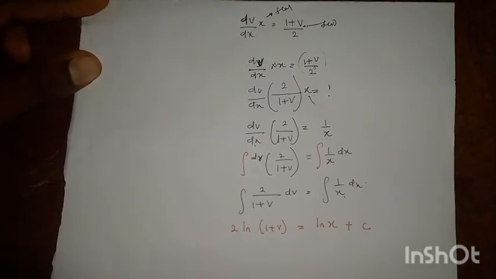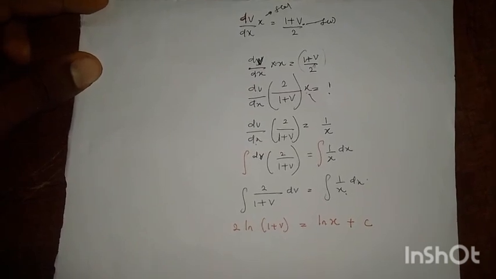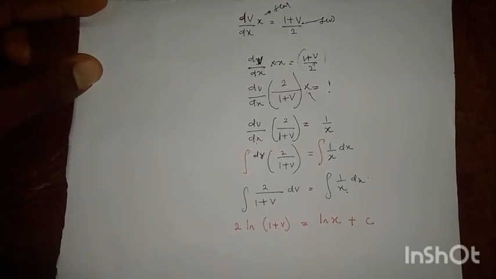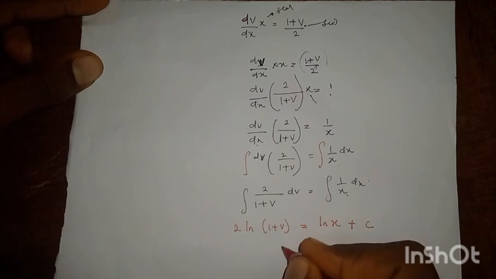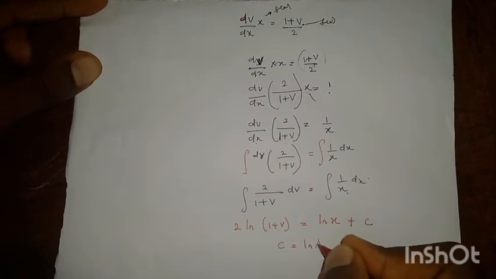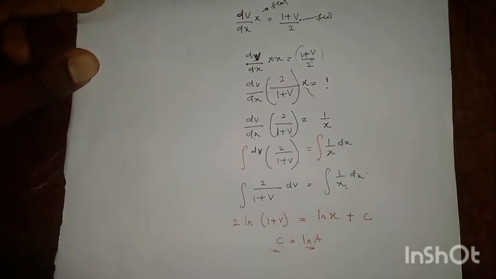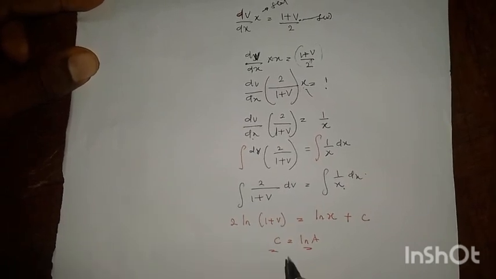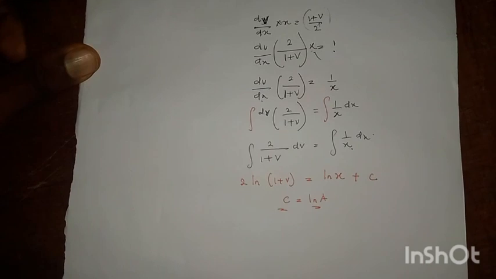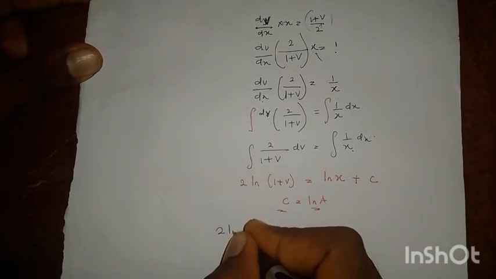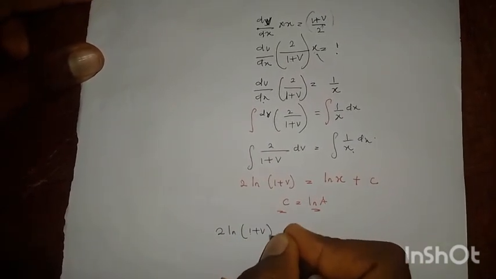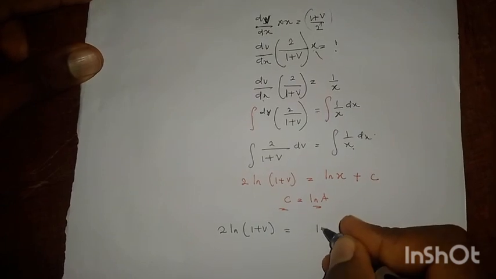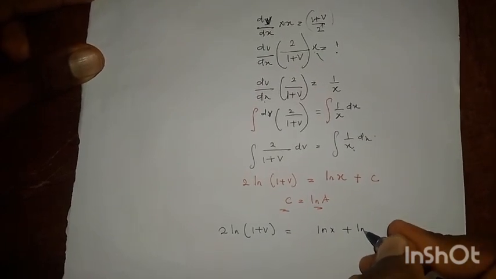Now, for the sake of uniformity, I can express a constant as another constant. What am I trying to say? I can say let c be equal to ln a. This is also a constant and this is also a constant. So for uniformity, I have 2 ln(1 plus v) equals ln x plus ln a.